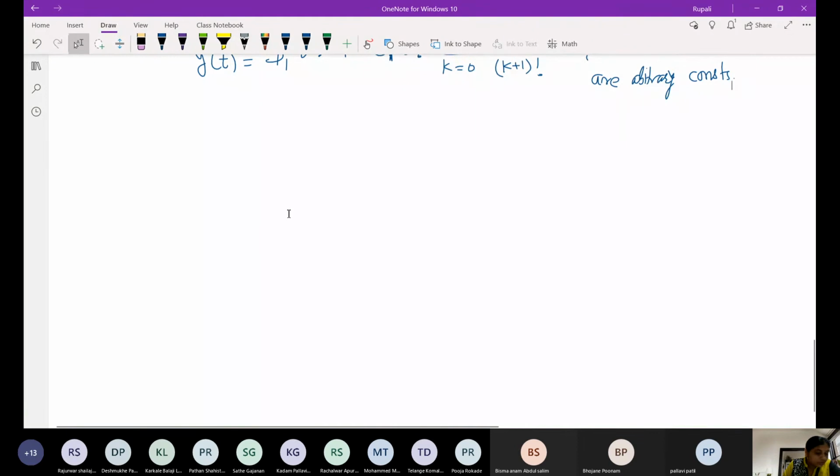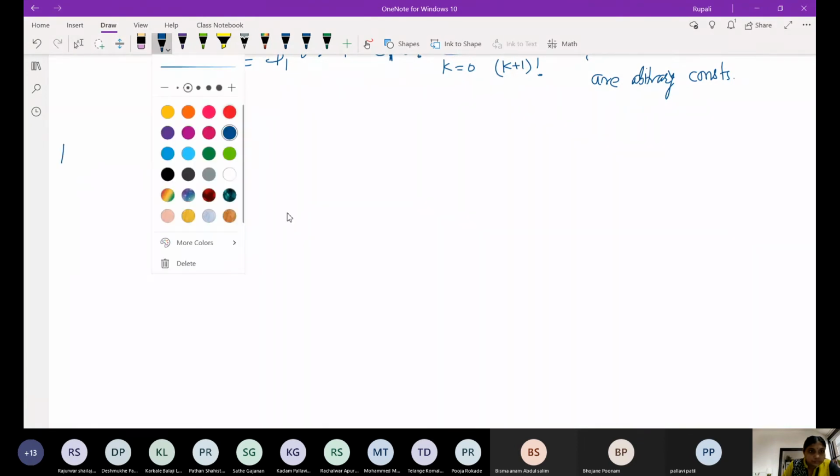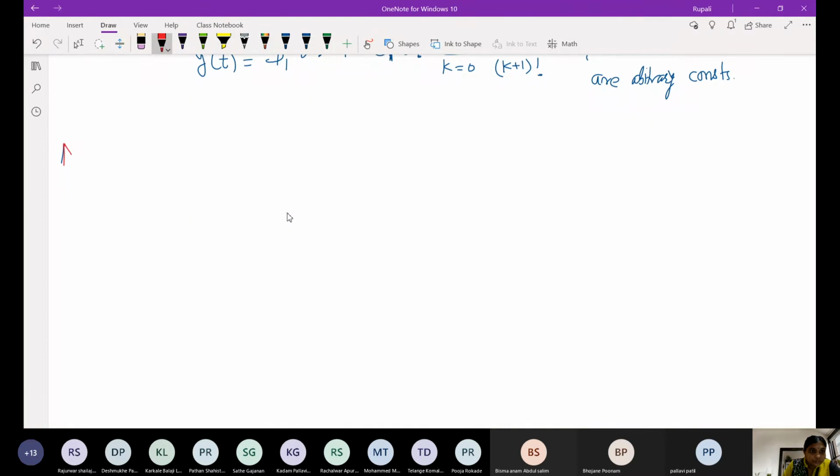Second method. So the first form of difference equation is when the operator factors into linear factors.